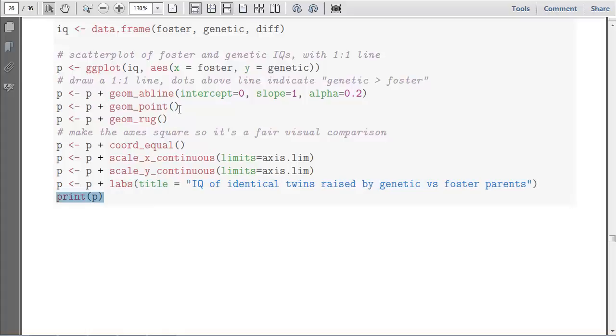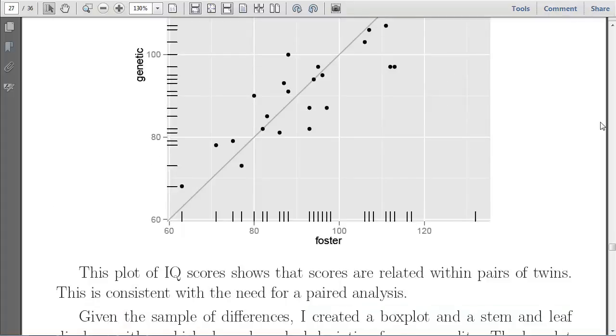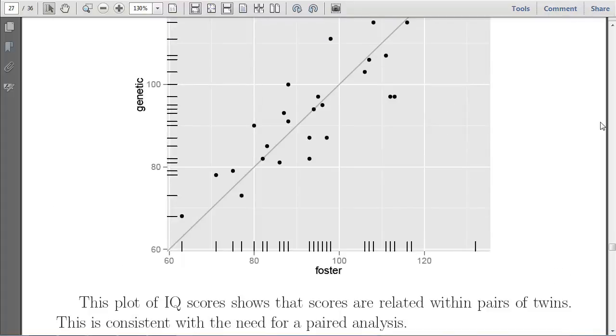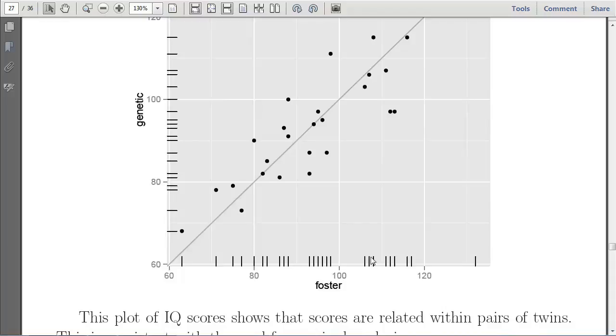And then I would look at the points and say, okay, what else do I need? I added a rug, which are, if I page down for a second, the tick marks along the axes. And in a way that sort of shows roughly what the distributions are for each variable independent of the other.